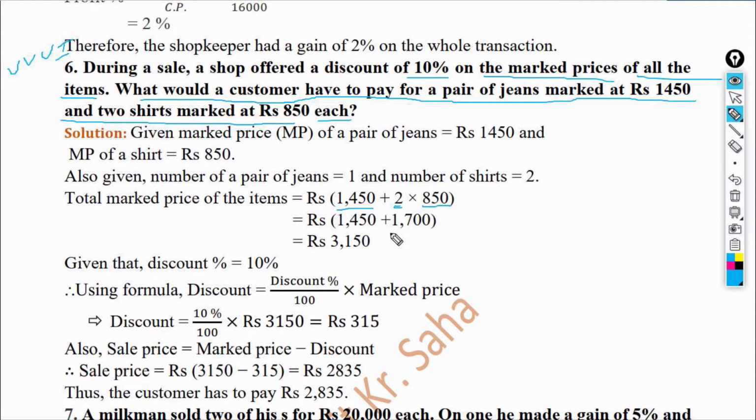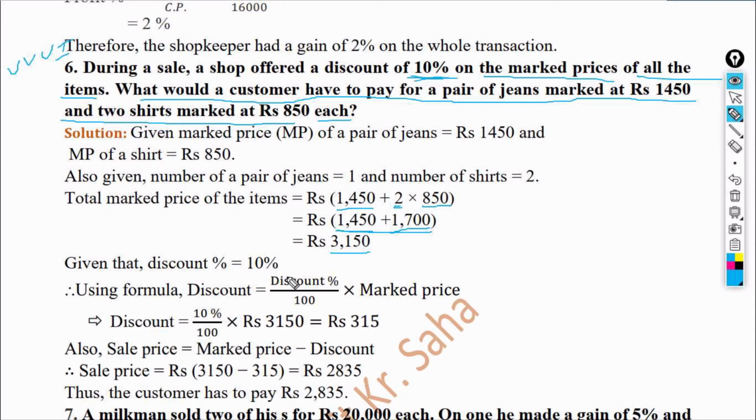Then for two shirts it is 1700, and one jeans, that is 1450. Let us add these two. You will get rupees 3150. Now it is given that overall discount is 10%.